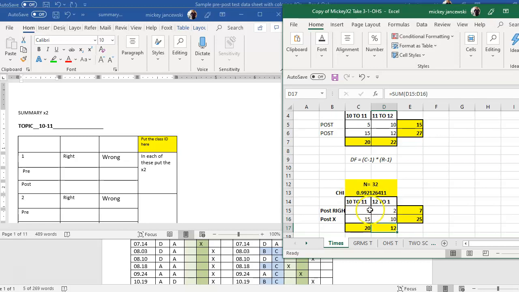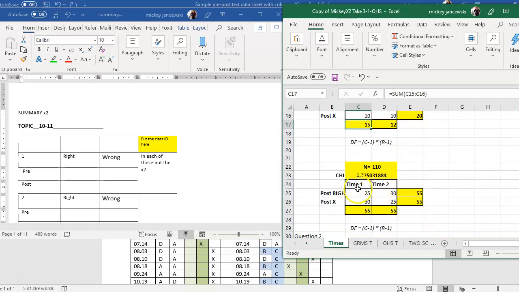And then this number should change, and it did not, so we know that that's what happens when this number does not change when you change these numbers, like I put 100 here, okay, that did change. If you don't see this number changing a lot, then it means there's something wrong. But I just put in 10 to 11 and 12 to 1, so now I'm looking at the chi-square for 10 to 11 and 12 to 1, and what it's saying is we're 89% likely to have caused these differences.